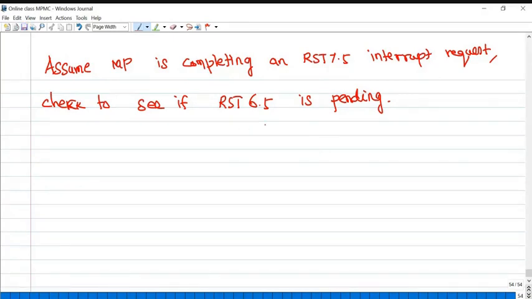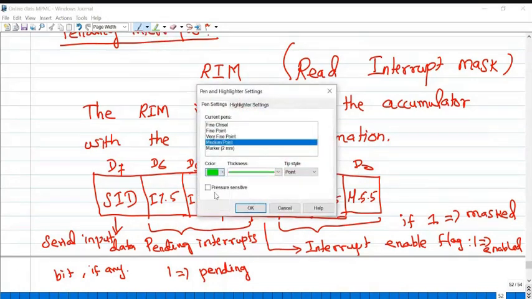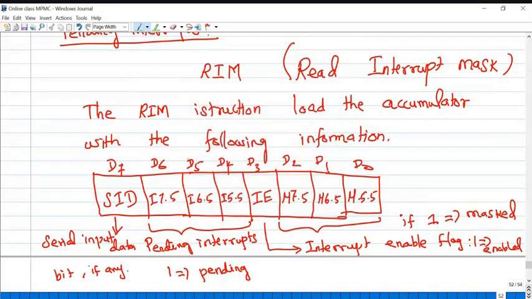On what condition is RST 6.5 pending? D5 must be 1. Please look at this. If D5 is 1, it indicates RST 6.5 is pending. Look at this particular position. D5 must be 1.